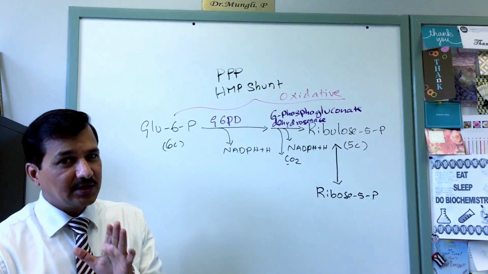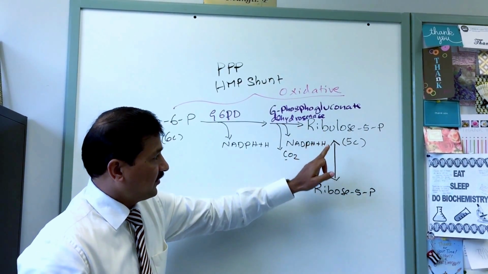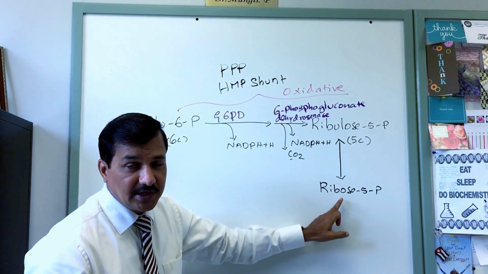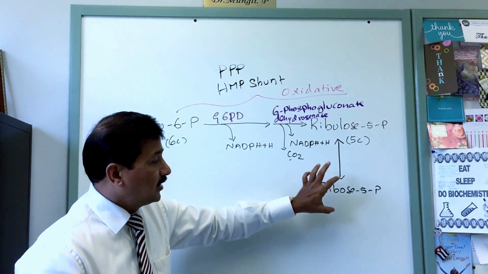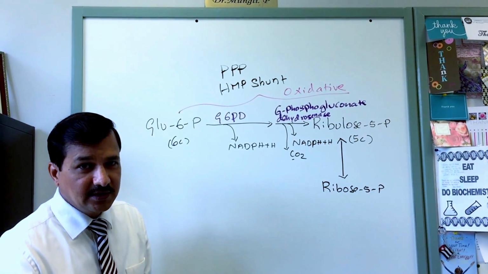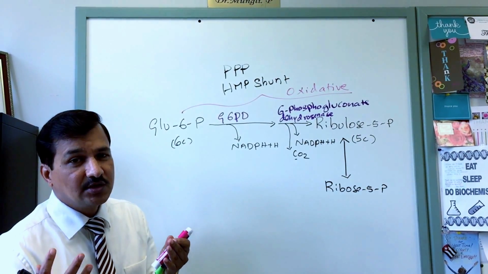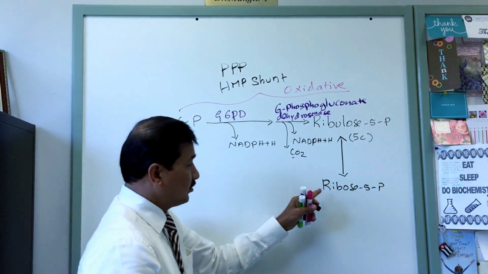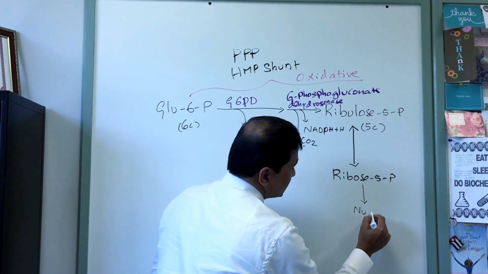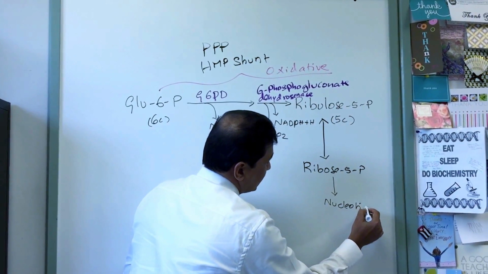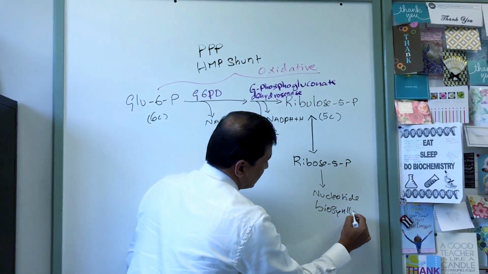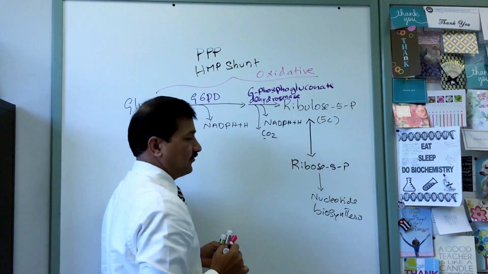What you need to know is that ribulose 5-phosphate, which is a keto sugar, is converted to ribose 5-phosphate, which is an aldose sugar. And the fate of this ribose 5-phosphate is, if the cell is proliferating and wants to synthesize nucleic acids, ribose 5-phosphate will go into nucleotide biosynthesis. That is the use of ribose 5-phosphate.